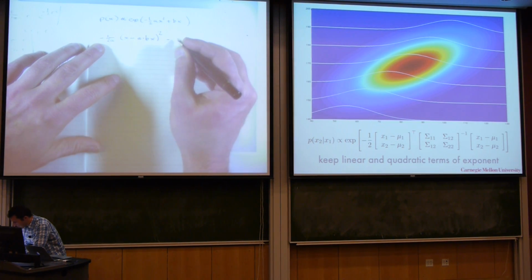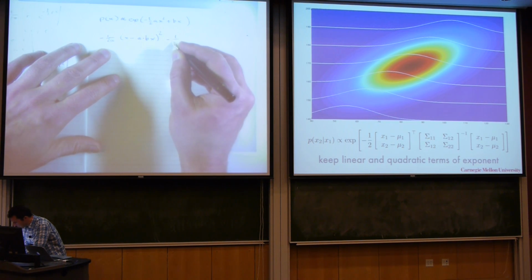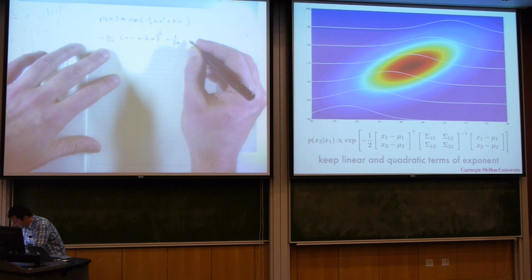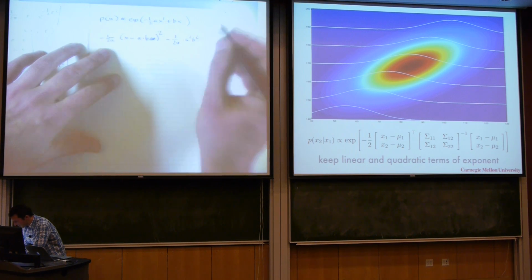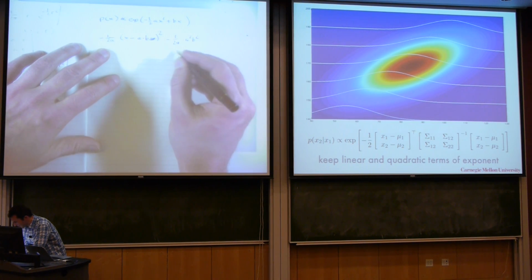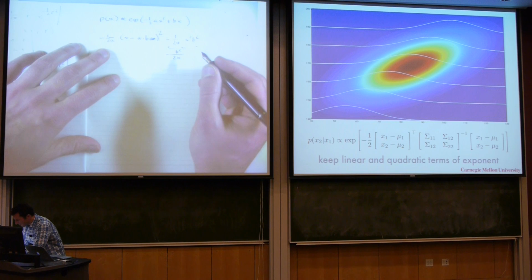So we get a minus 1 over a times a here, right? A squared. B squared. Okay, so we have a minus b squared over 2a.